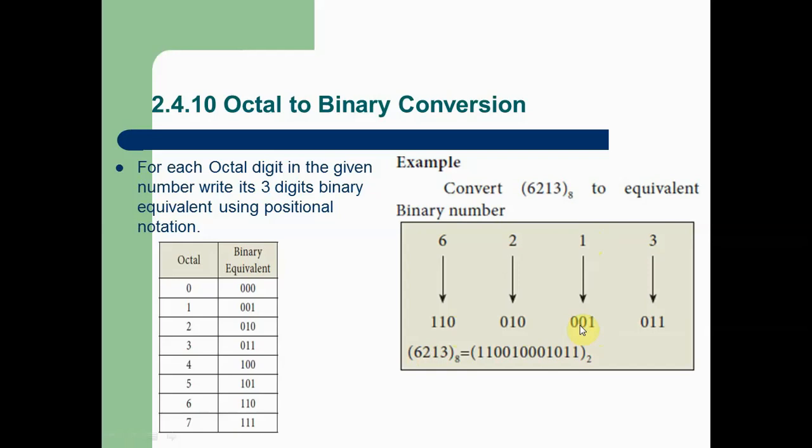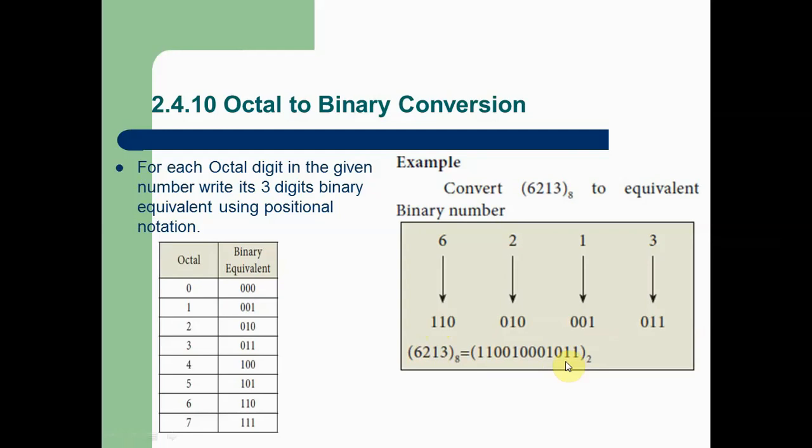For fulfilling the 3 digits, I added 2 zeros. I simply use this table to take the binary equivalent, write down all the binary digits, and then arrange these binary digits from left to right. So 110, 010, 001, 011. Arrange these binary digits, and you will get the equivalent binary value for the octal number.